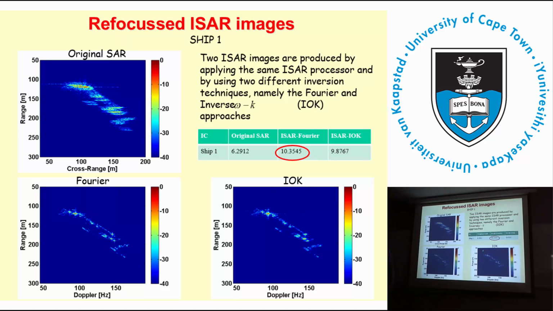So we can invert it using the inversion of omega k to go back from the image to the data domain. But you can see that the results of the Fourier work even better. The reason is that inverting omega k is not exact, because there's an interpolation that you make when you form the image, and there's also an interpolation that you use when you invert from the image back to the data.